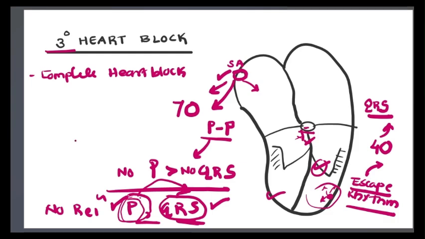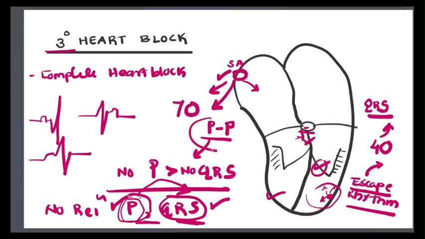So what happened is P wave can occur before the QRS, or P wave can happen with the QRS, or the P wave can happen after the QRS. So P wave can occur anywhere, even before the QRS, during the QRS, or after the QRS.